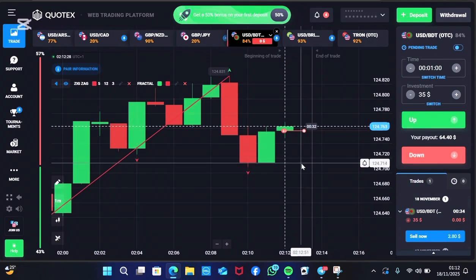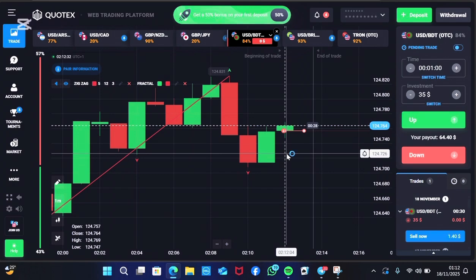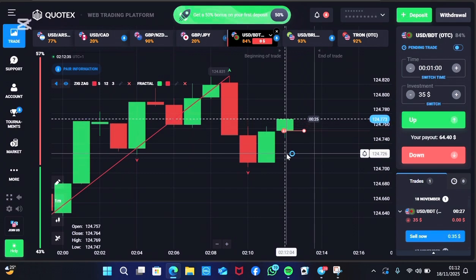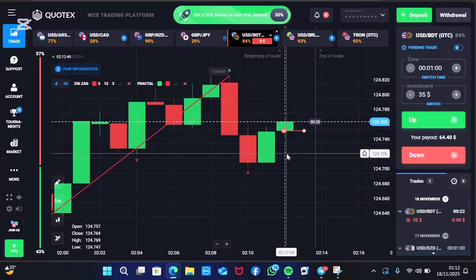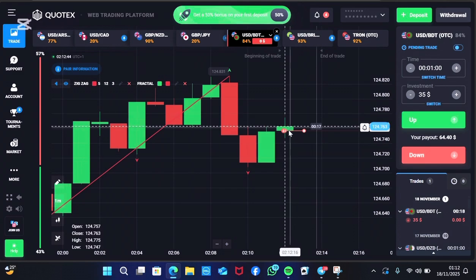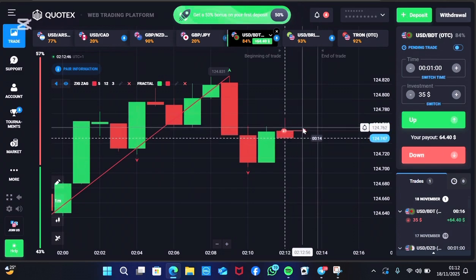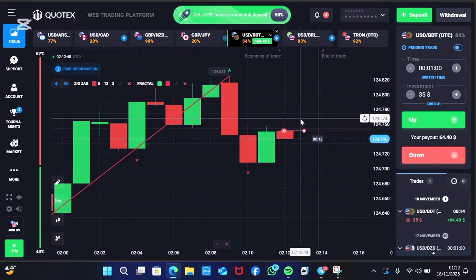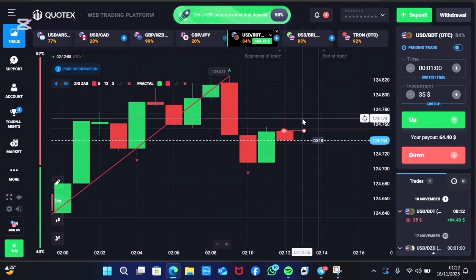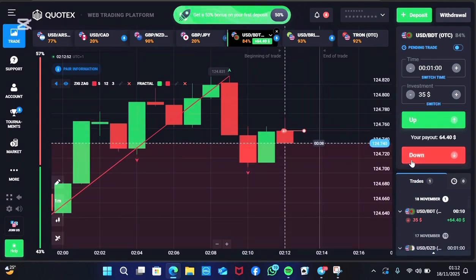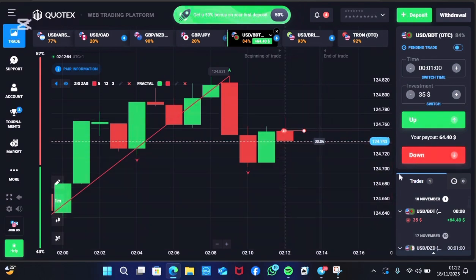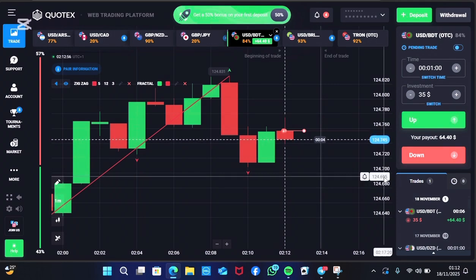Well, normally it's supposed to go in our favor, and what we are going to do is we click again, we take that same action again, given that maybe the first was an error or it wasn't, but in this case it's in our favor. And yes, it's supposed to be in our favor because the market at this point is supposed to be bearish. So that is exactly the example of how I take my trades.